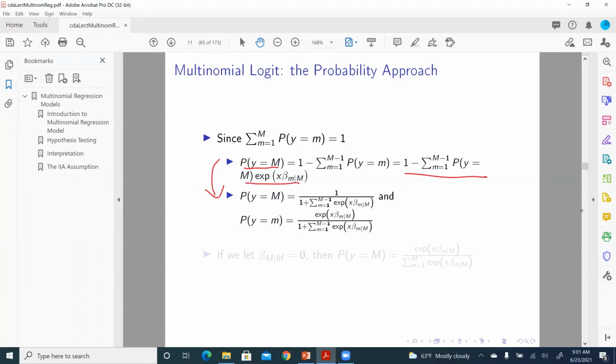It turns out to be 1 over 1 plus the summation of the natural exponential function of x beta m, lowercase m versus capital M, from m equal to 1 to capital M minus 1. And we can also get this solution: the probability y equal to lowercase m, except the last category, that is capital M, turns out to be this result.